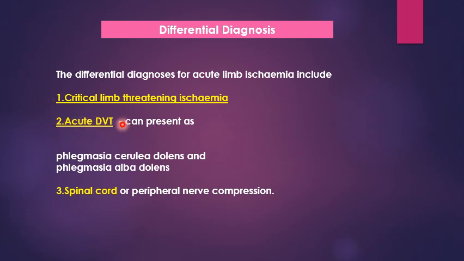This can present as 2 forms, phlegmasia cerulea dolens or phlegmasia alba dolens. These are the 2 phases of presentation of development of ischemia in a patient with acute DVT due to severe pressure on the limb. And the third one is spinal cord or peripheral nerve compression. This is another condition. So these are the 3 major differential diagnoses for acute limb ischemia.